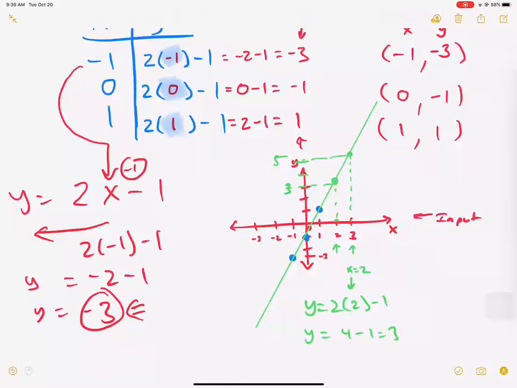Yeah, we said our point here was 2 comma 3. We're just doing the math to check. If I plug in 3, y is equal to 2 times 3 minus 1. Y is equal to 6 minus 1 is 5. Hey, that's what we just said. We said 3 comma 5 was my next possibility.